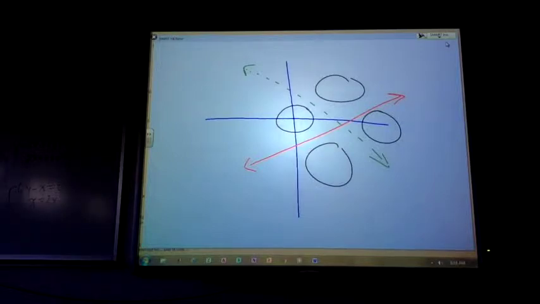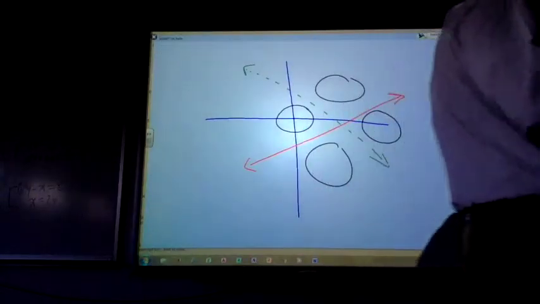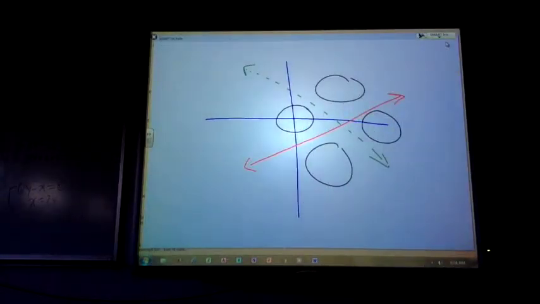Meaning when I pick a test point and plug it back into both of the equations, the result is a true scenario and a true. So it could be like 3 is greater than -1 and 5 is less than 10. That would give you true and true.